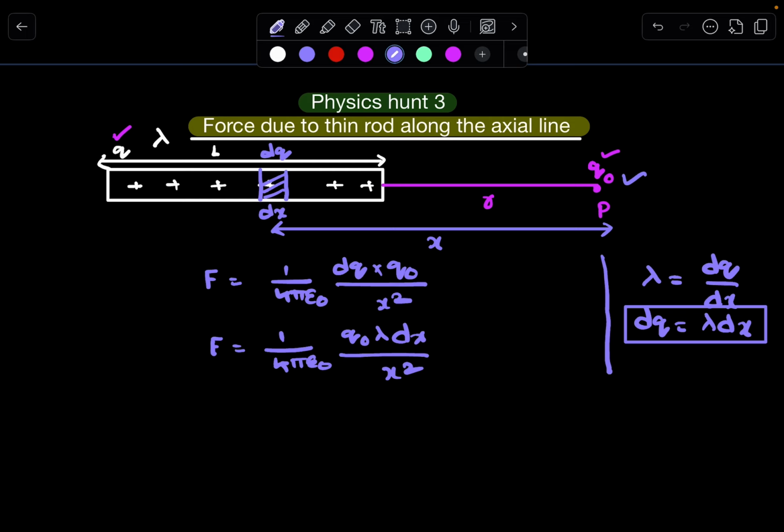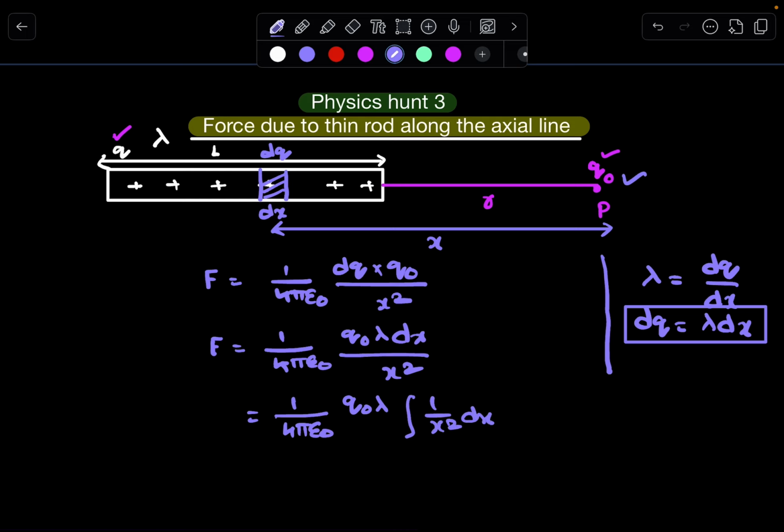Now I'm going to integrate the above expression. The constant terms I'm taking outside, which is equal to 1 by 4 pi epsilon naught into q naught lambda integral of 1 by x square into dx.